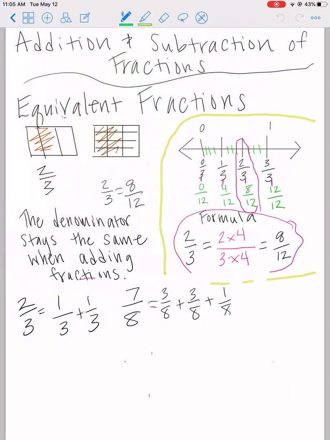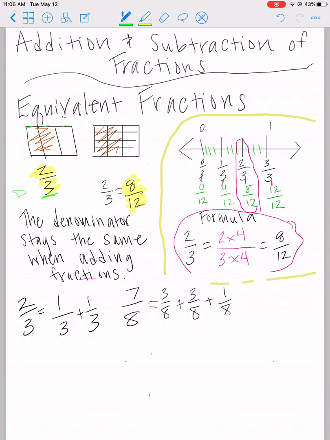Okay, equivalent fractions. So what they're saying is that 2/3 right here is equal to 8/12. And if you look at this box, it is in 3 parts, right? Here's 1, 2, 3. Because the parts of the box is the denominator.